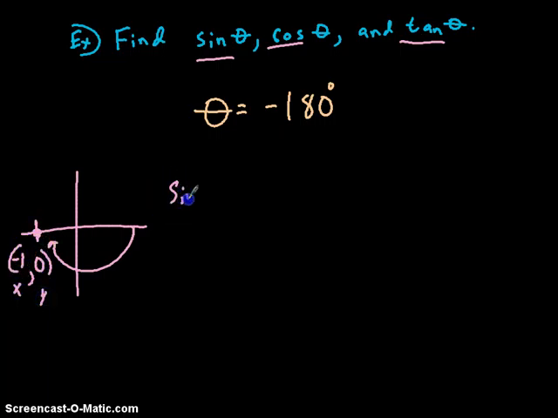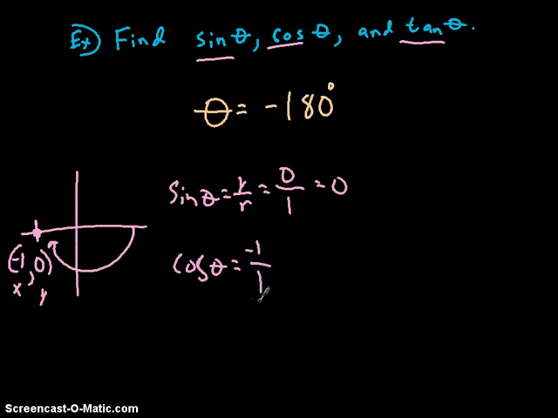So we want to find sine of theta again, it would be the y value over r, so it would be 0 over 1. So sine of theta in this case is 0. And if I want to find cosine of theta, well, that would be x over r, so it would be negative 1 over 1, because the radius there and the length is the same thing, so it's negative 1.